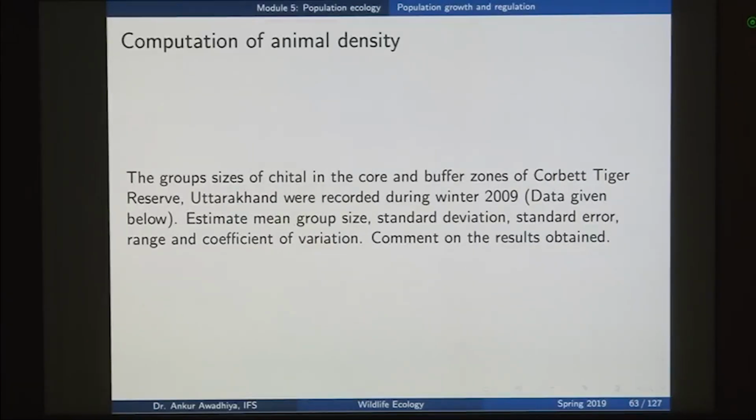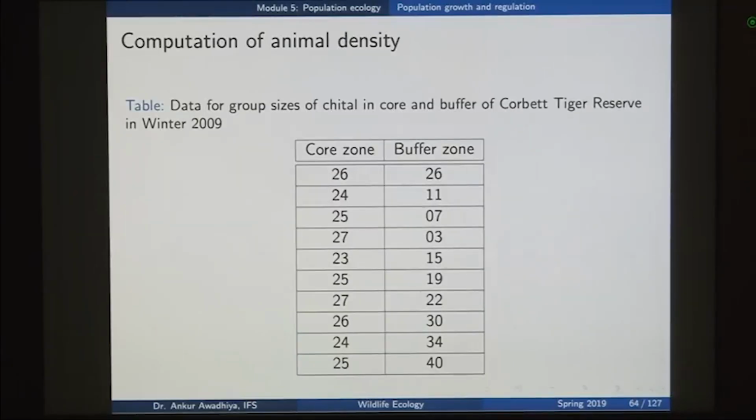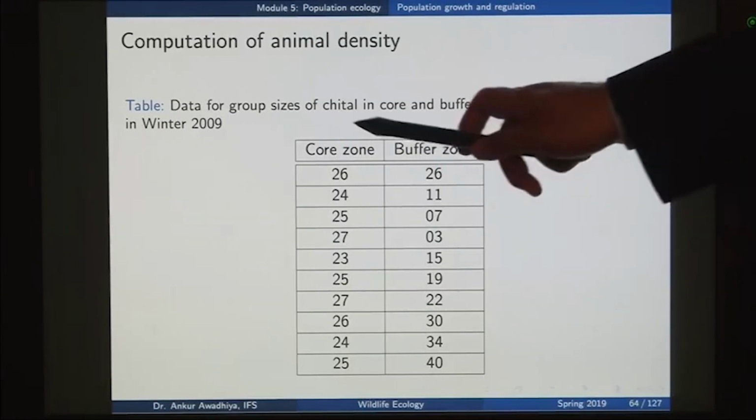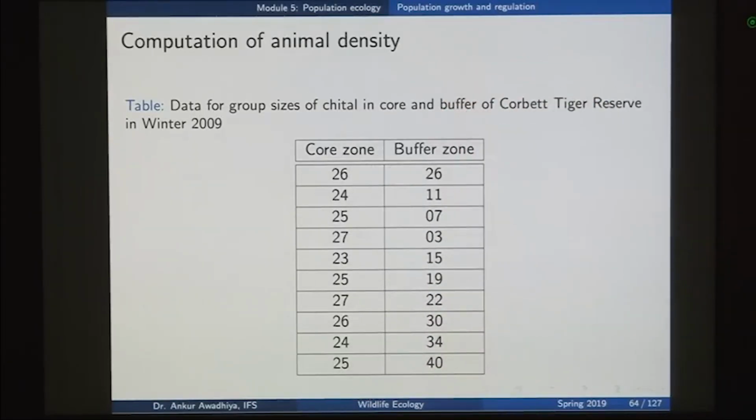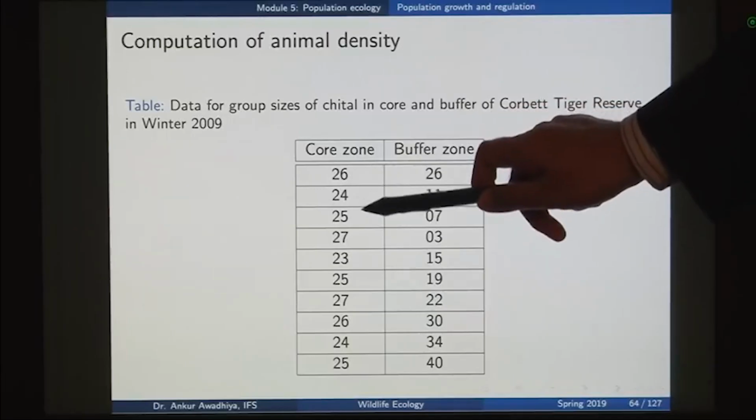So, similar to what was done before, here we have the sizes of different groups. Earlier we had densities in different areas. Here we are looking at different groups and the sizes of all these different groups. So, in the core zone we saw so many groups, and these were the number of animals in each group: 26, 24, 25, 27.